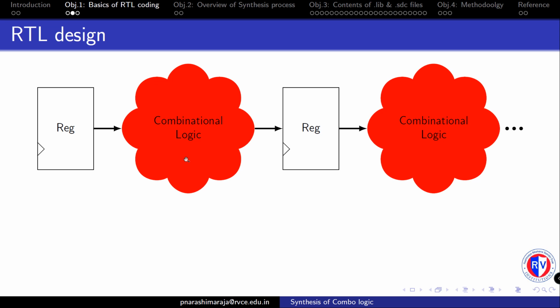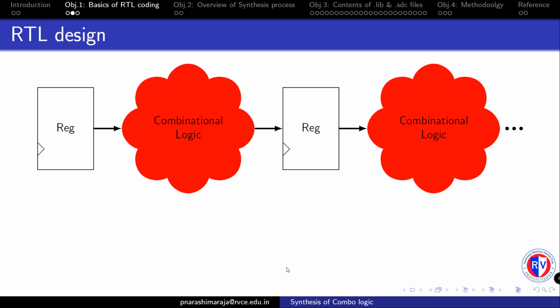In HDLs, the designer declares the registers and describes the combinational logic by using constructs such as if then else and arithmetic operations like plus, minus, divisions and other stuff. This level is called register transfer level, and the term refers to the fact that RTL focuses on describing the flow of signals between registers.